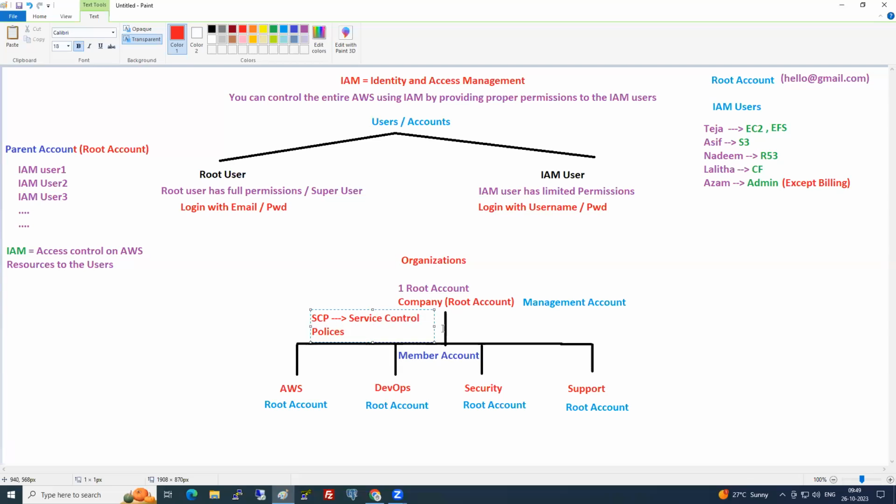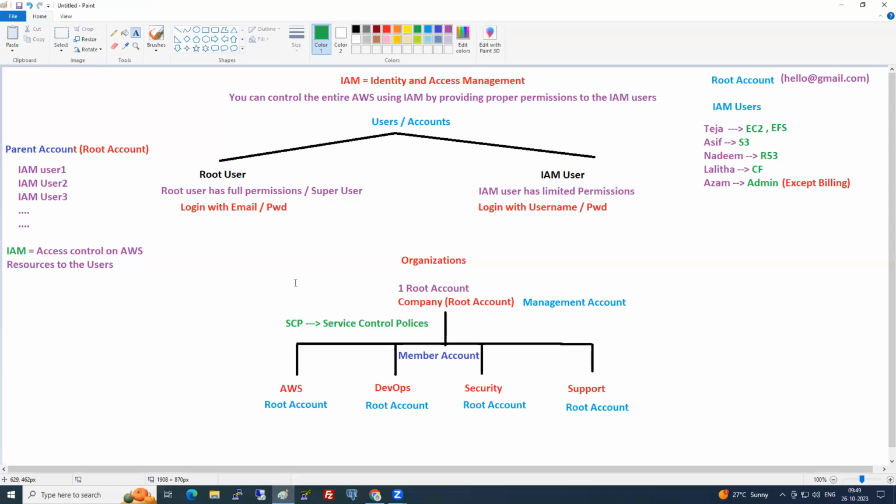Same as the policies we have for permissions. SCP is nothing but permissions. If I ask you a question, how does the management account control the member account? Using SCP. What is the full form of SCP? Service control policies.